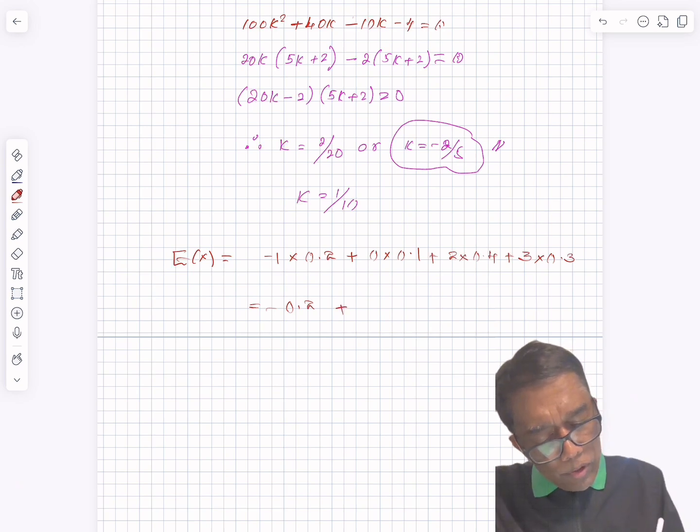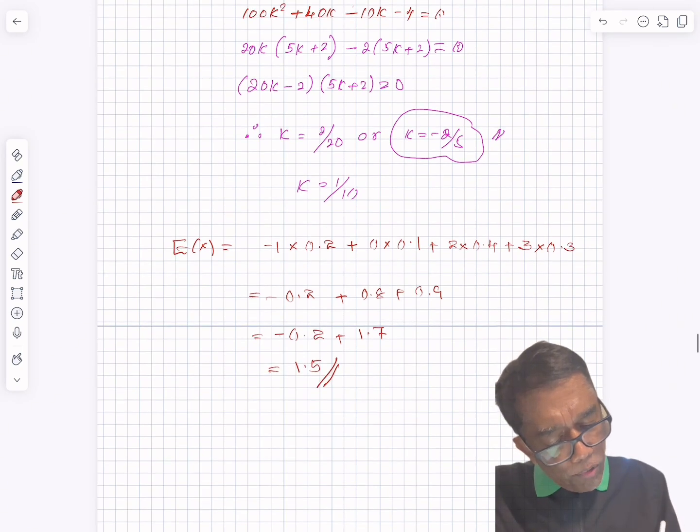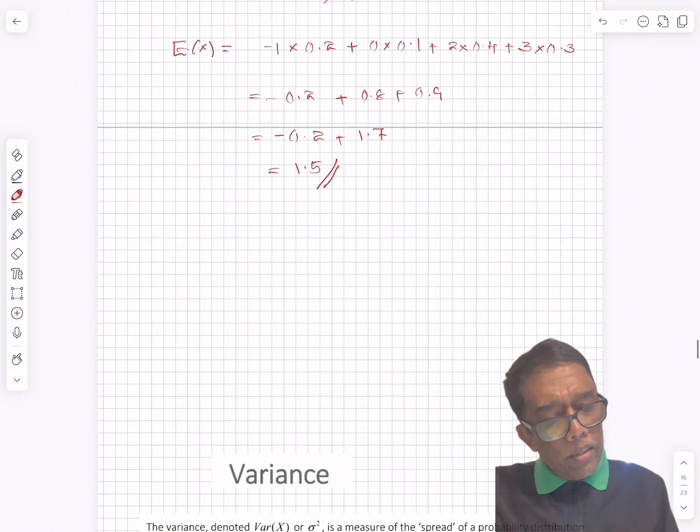This is negative 0.2 plus 0.8 plus 0.9, negative 0.2 plus 1.7. Actually 1.5 is the expected value.